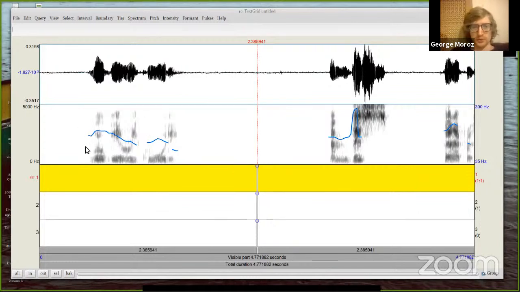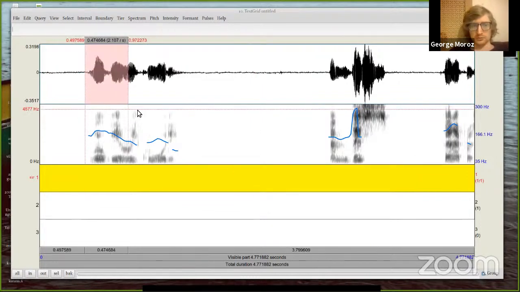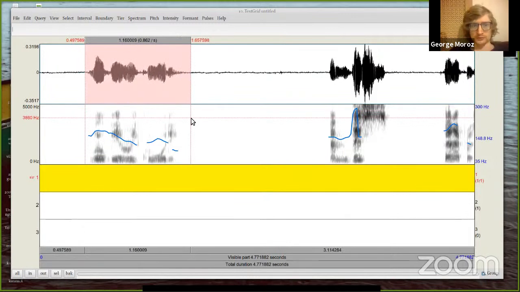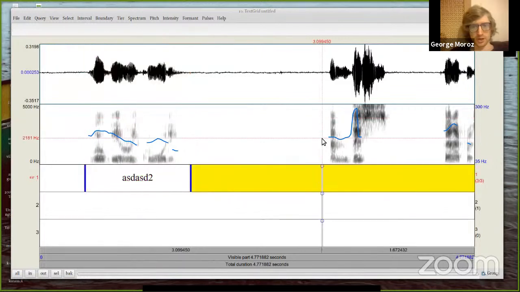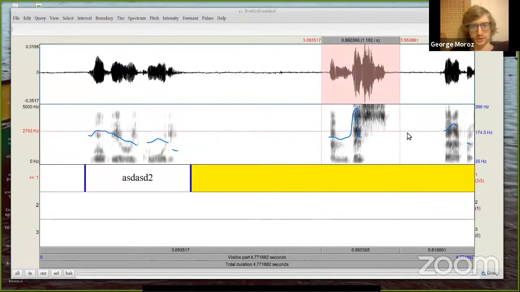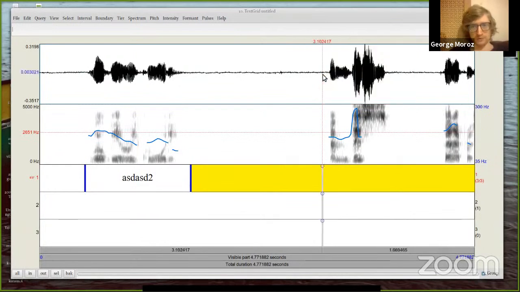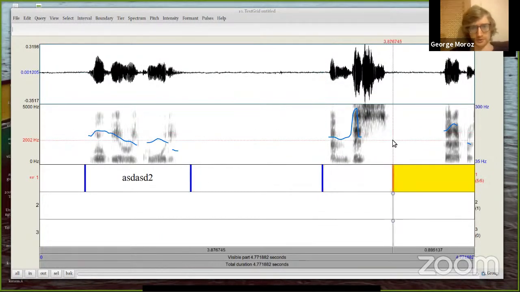First, let's play around with the first and the second tier. So you can select some chunk of the sound, press Enter, and you will get two lines over here. Then you can type something over there, and then imagine that you select this chunk, but now I'm not selecting some sound, but I just want to have one boundary. And it's possible to use Enter to do this. So if you like, it's possible to do like this.